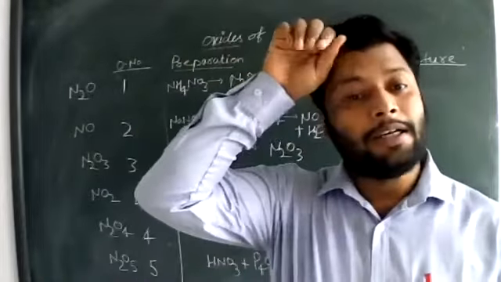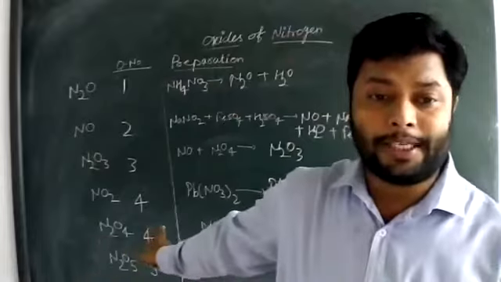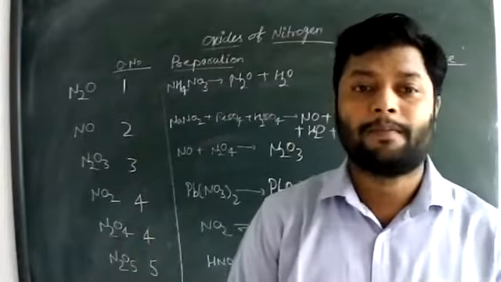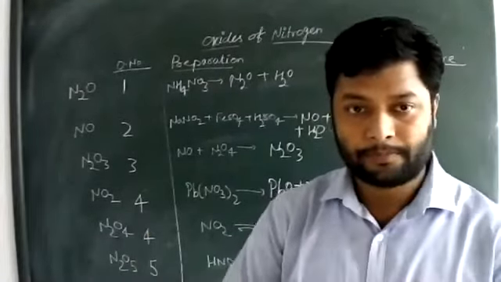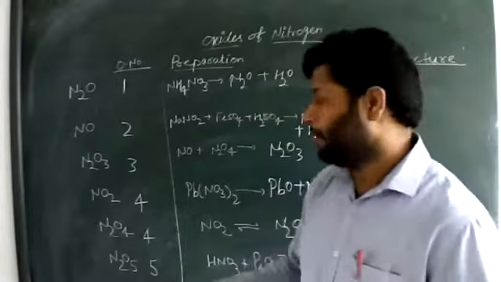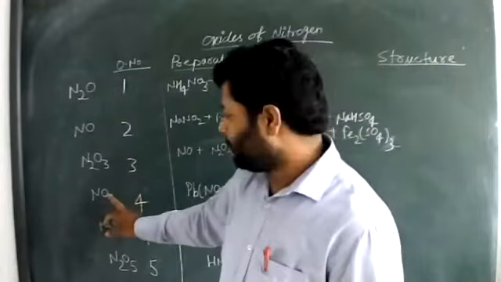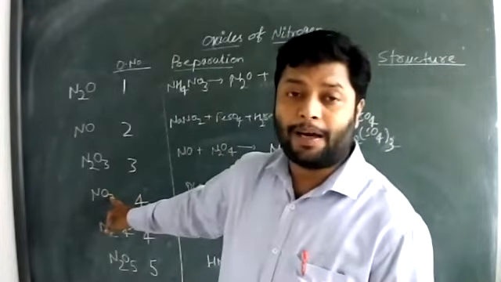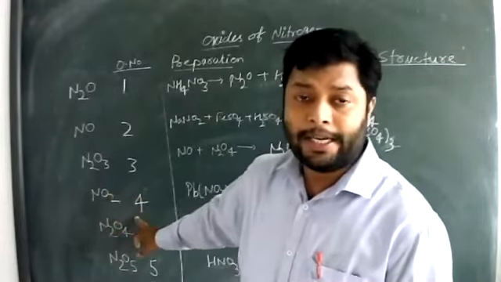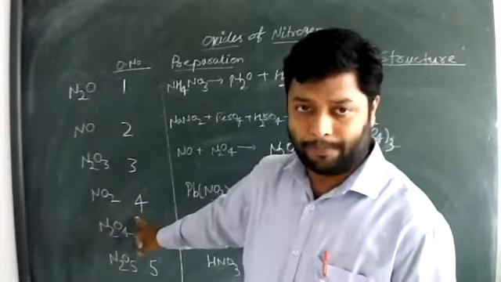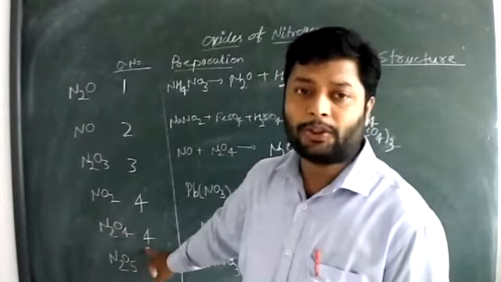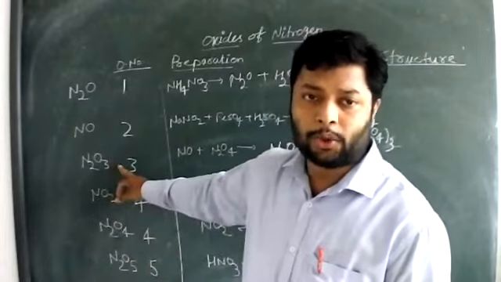Who will give the answer? Dinitrogen tetroxide will be liquid or solid? Liquid. NO2 is a gaseous molecule, and on dimerization it changes into liquid form. And the last one is a solid. And this one also should be solid, I think.